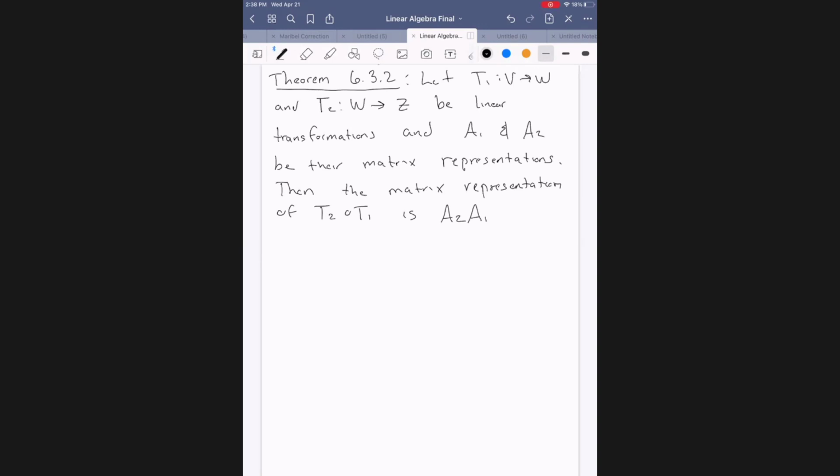So example. Let's say T1 of x, y, z is equal to 2x plus y, 0, x plus z.